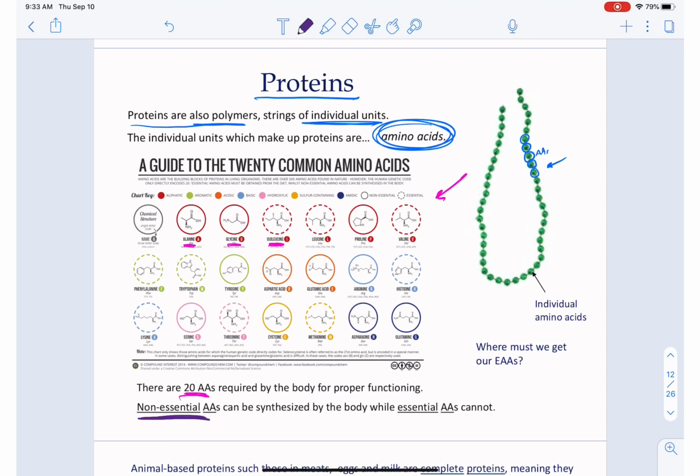Non-essential amino acids are those amino acids that can be synthesized by the body. So the body can make those. In this chart here, the non-essential amino acids have a solid circle around them. So like proline, glutamic acid, arginine, these are all amino acids that the body can make.